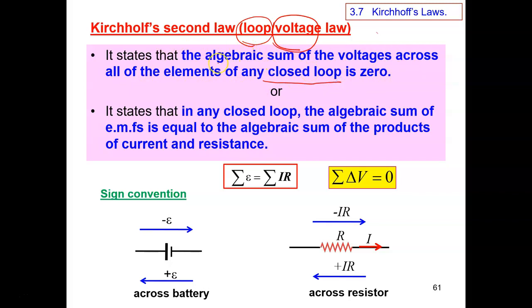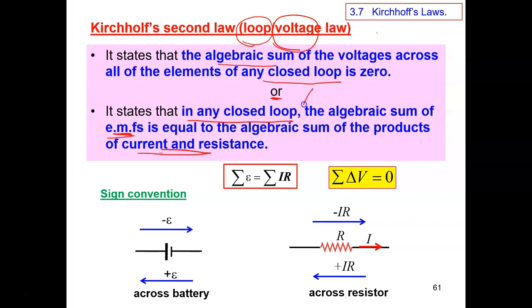Or this law can also be written as: in any closed loop, the algebraic sum of the EMF is equal to the algebraic sum of the product of the current and resistance.